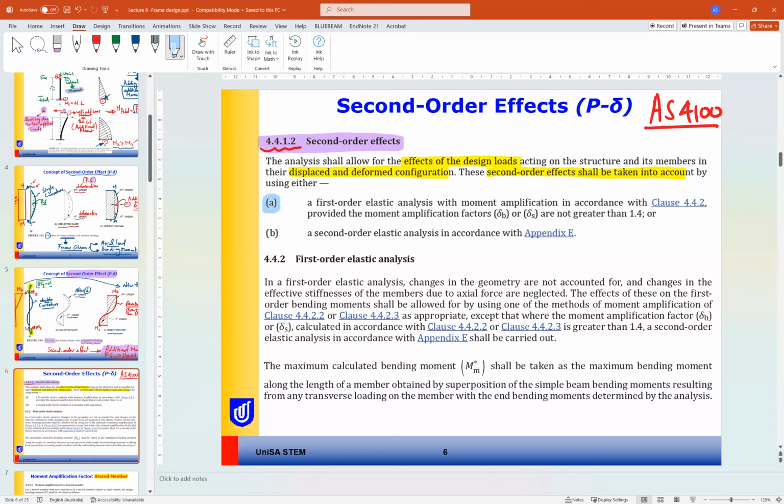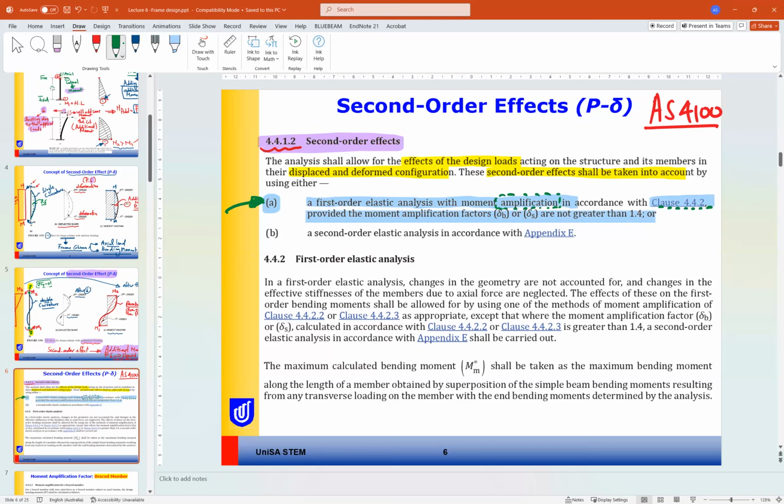But we will be using only the first one, first order analysis with moment amplification in accordance with clause 4.4.2, provided the moment amplification factor delta_b or delta_s is not greater than 1.4. So actually, we have two methods for second order effects, but we will focus only on the first one, which is using the amplification factor in clause 4.4.2.